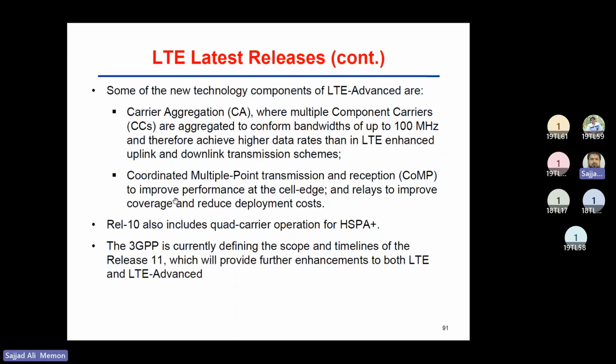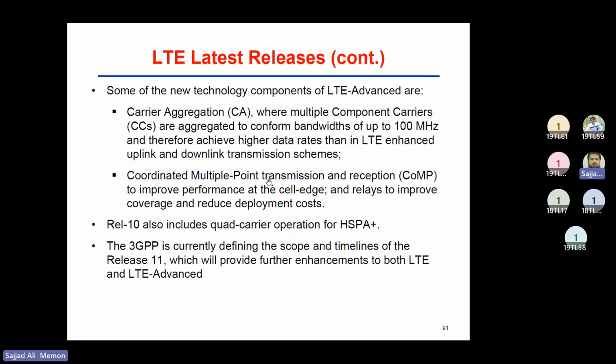Then there is coordinated multi-point transmission and reception to improve performance at the cell edge, and relays to improve coverage and reduce deployment cost. So this will also discourage the installation of new base stations if there are some power issues with the cell edge users. We can have coordinated multiple point transmission.